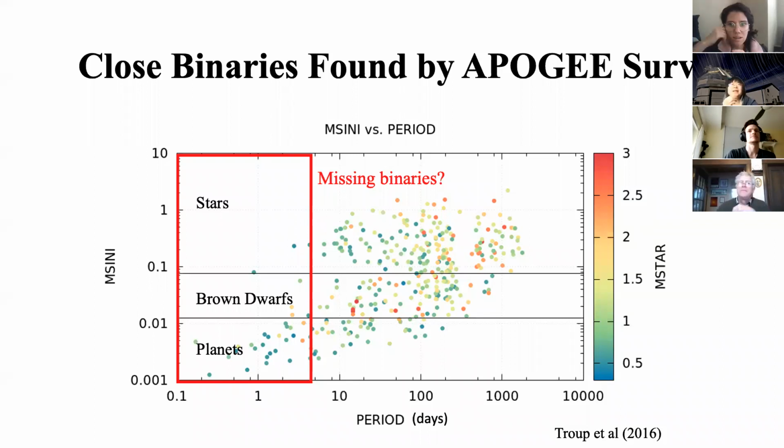Yeah, good question. The whole lifetime of a binary containing a solar type star should be on the order of 10 to 12 gigayears. 10 gigayears might be just the main sequence lifetime.